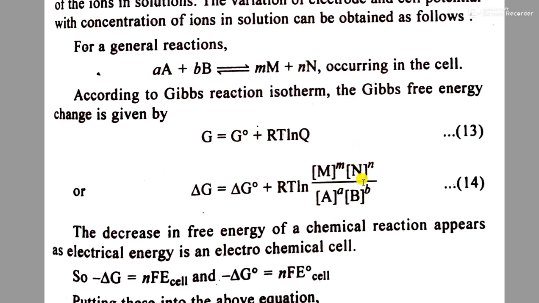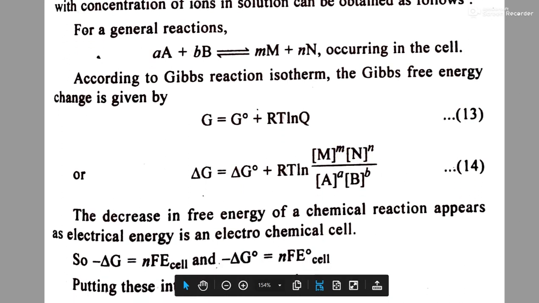So this is the numerator, and divided by, then we consider the reactant side, that is the concentration of A raised to a into concentration of B raised to b. So this is an expression for delta G.